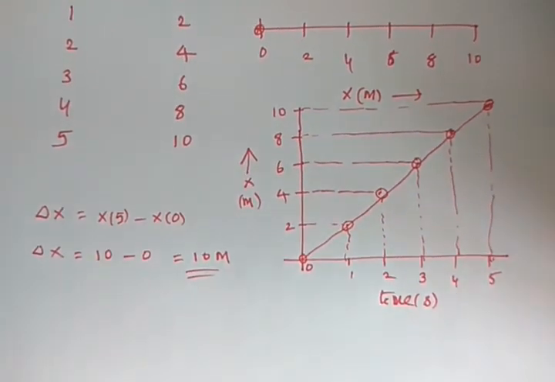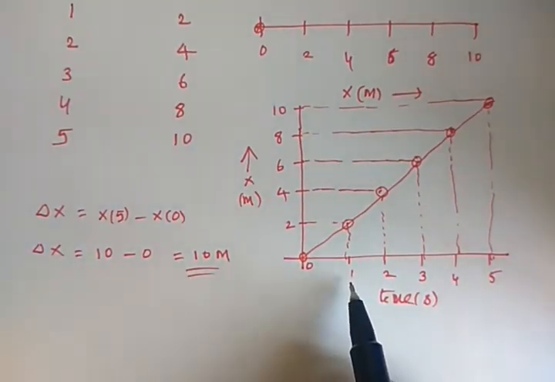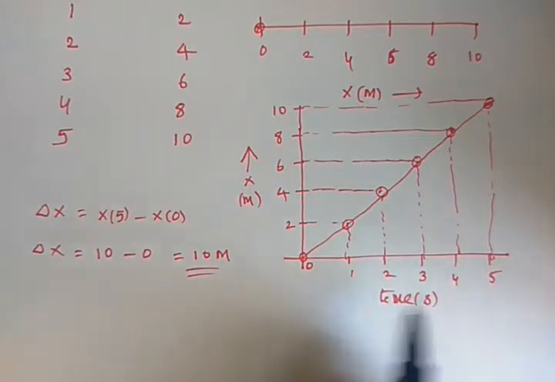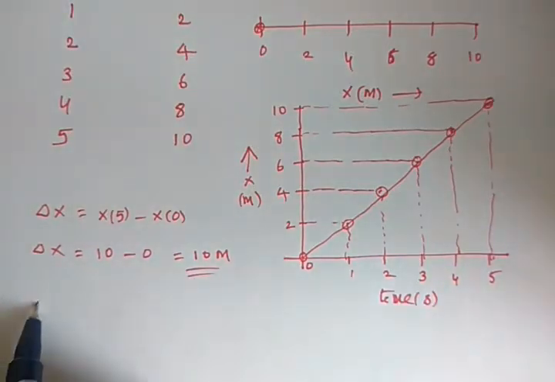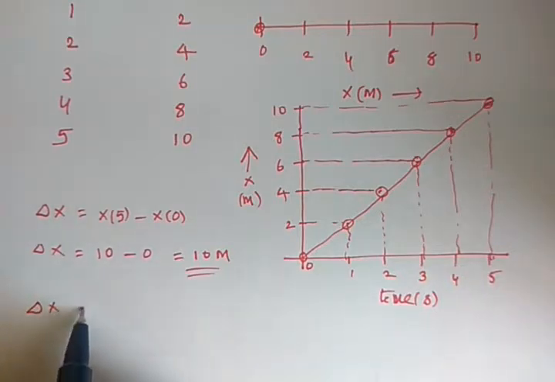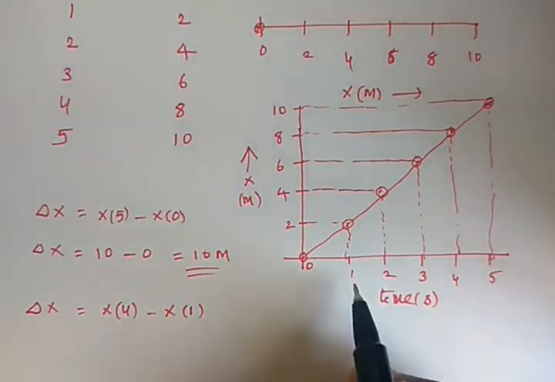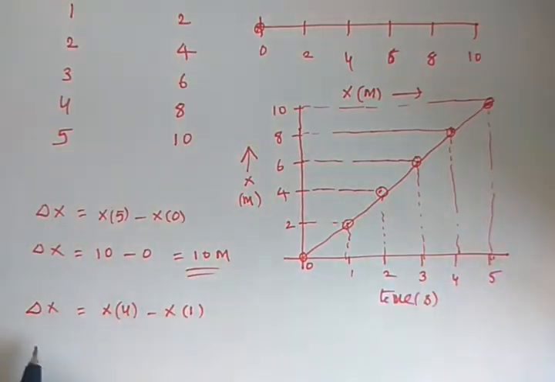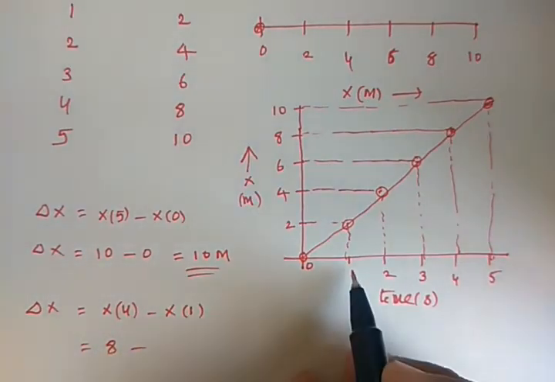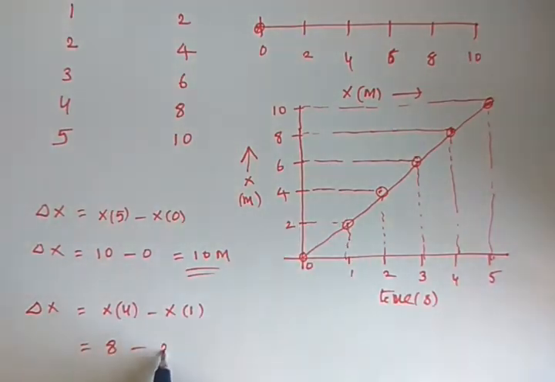To find the displacement between the time interval t equals 1 and 4, delta x equals the location of the body when time t equals 4 minus the location of the body when time t equals 1. The location of the body at time t is 4 is 8, and the location when time t equals 1 is 2. So that is 6 meters.